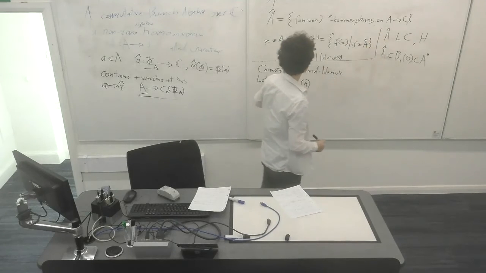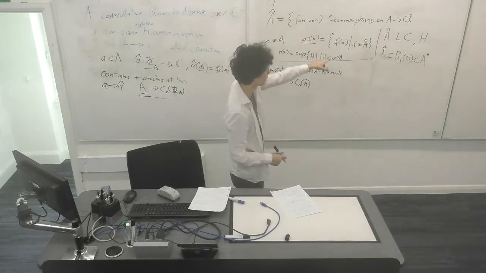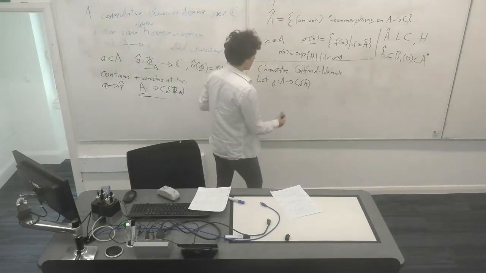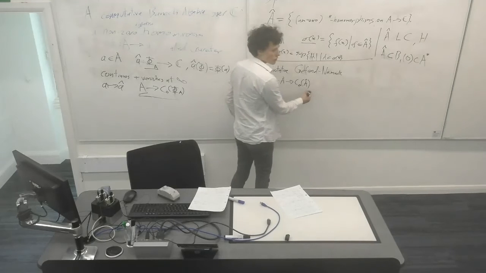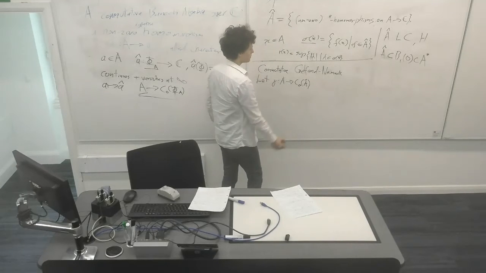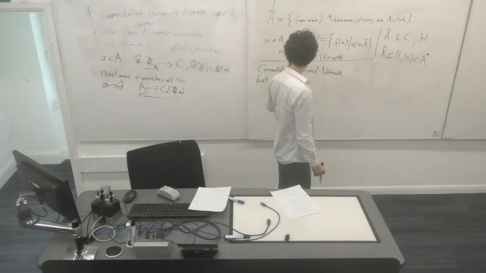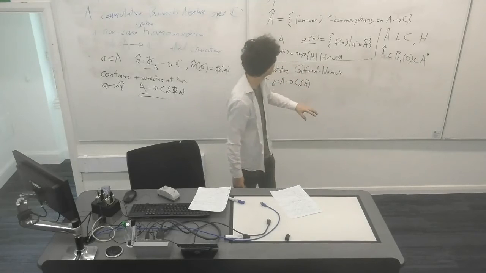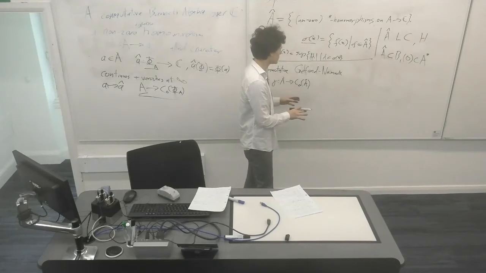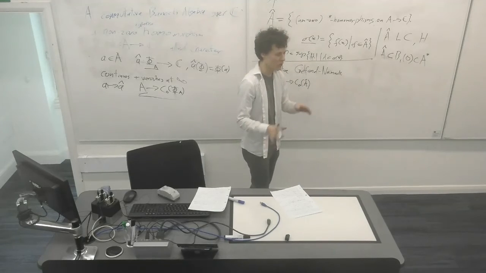We can show this, and since it's locally compact Hausdorff, it's part of C0 of A hat. So gamma takes a member of this algebra to a function on the homomorphisms which vanishes at infinity.